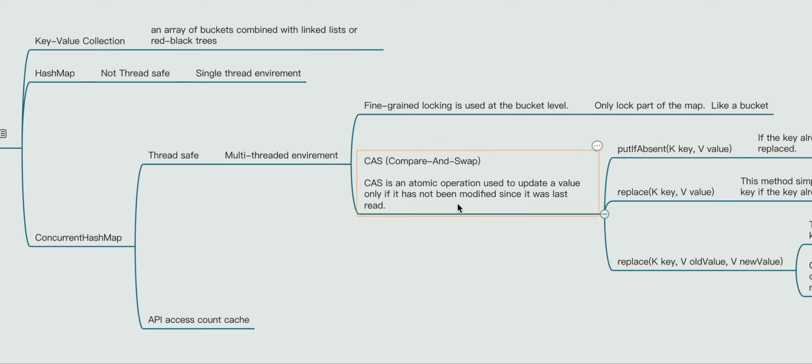Another one is CAS, compare and swap. CAS is an atomic operation used to update a value only if it has not been modified since it was last read, which means when you update an element inside the map, you read it first, and when you update, this mechanism helps you check if it's the same as what you read at the beginning.